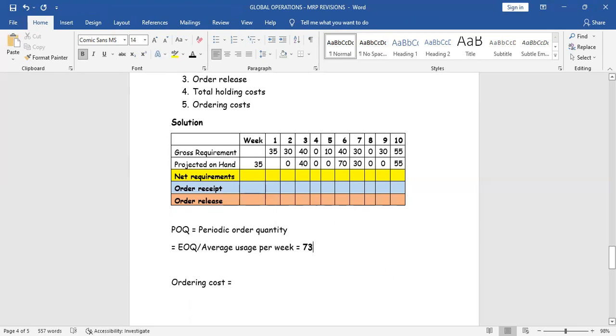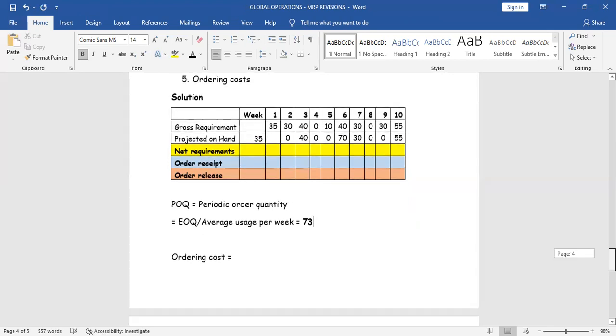So what is the average usage per week? The average usage per week is 27. We calculated that one as well because the total gross requirement per week was 270, and then we divide by 10. It gave us 27. So now 73 divided by 27, we are obtaining 2.7.